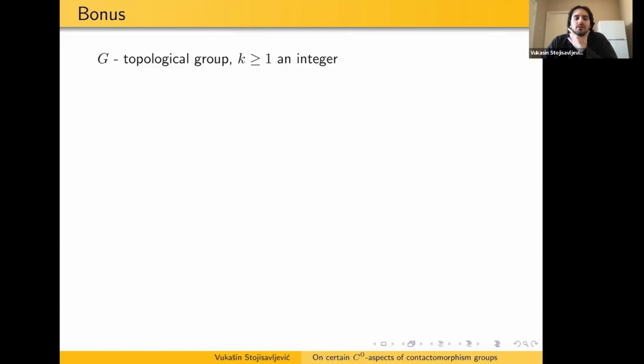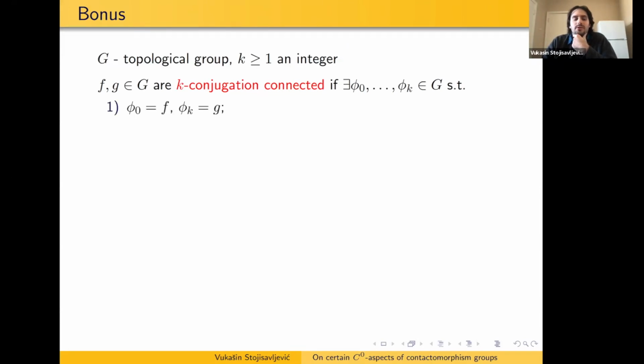If you take a topological group, you say that two elements are k conjugation connected if you can build a bridge made out of conjugacy classes between them. You call the first one phi 0 and the last one phi k. And then in between you put phi 1, phi 2, phi 3, phi 4.